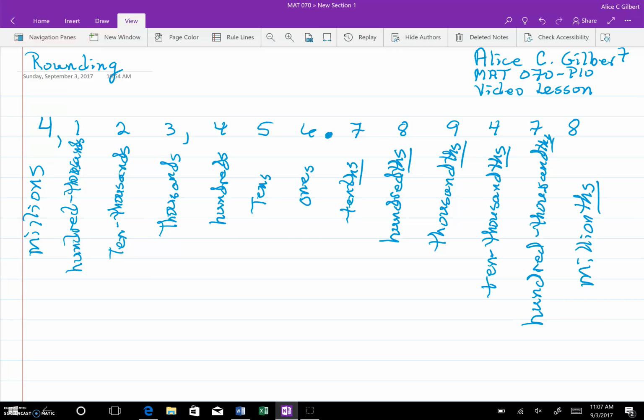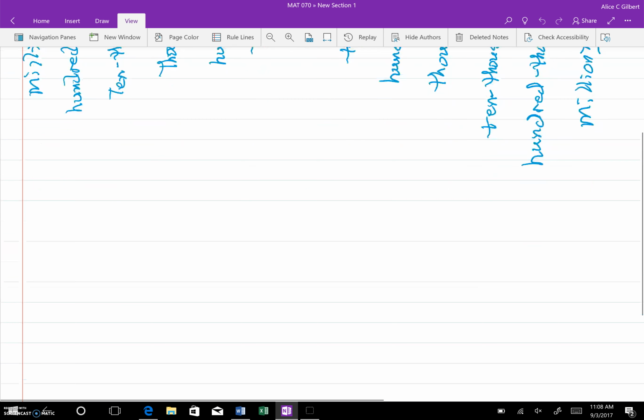Just like if we were going to the left after millions, not THS, just millions, then continuing to the left from there would be 10 millions, 100 millions, then billions, 10 billions, 100 billions. So make sure you know these place values, because the most difficult thing we have in rounding is not knowing where to round to. If we can't figure out where the place is, then we'll never get there.